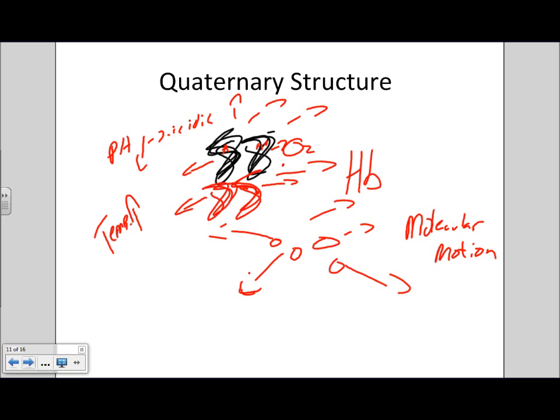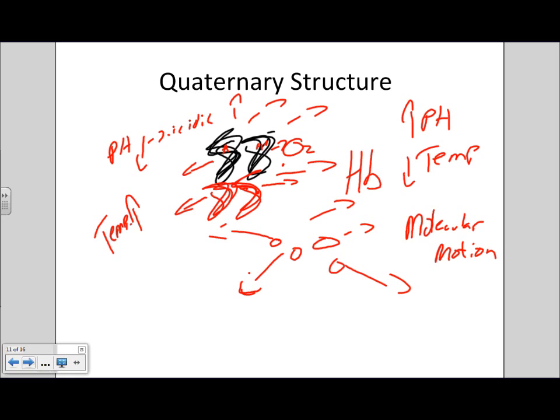Vice versa, if our pH gets too high, or our body temperature gets too low, then the exact opposite is going to happen. These proteins are going to start to coil too tightly.